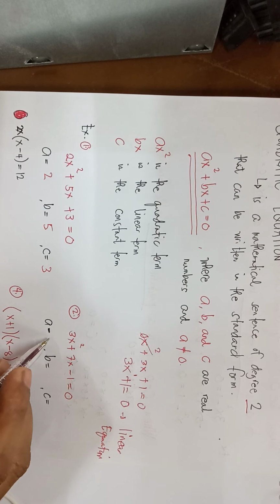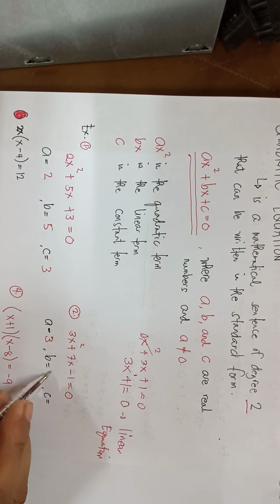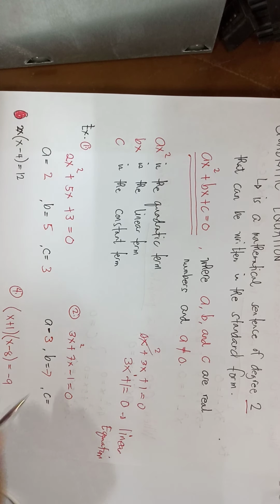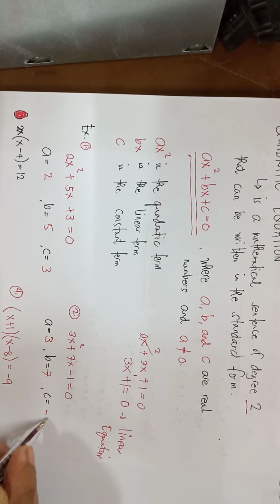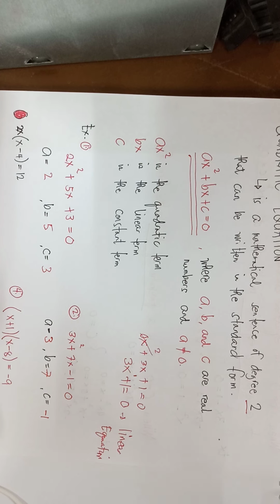Our a is equal to 3, b is equal to 7, and c is equal to negative 1. As simple as that, if the quadratic equation is in standard form.